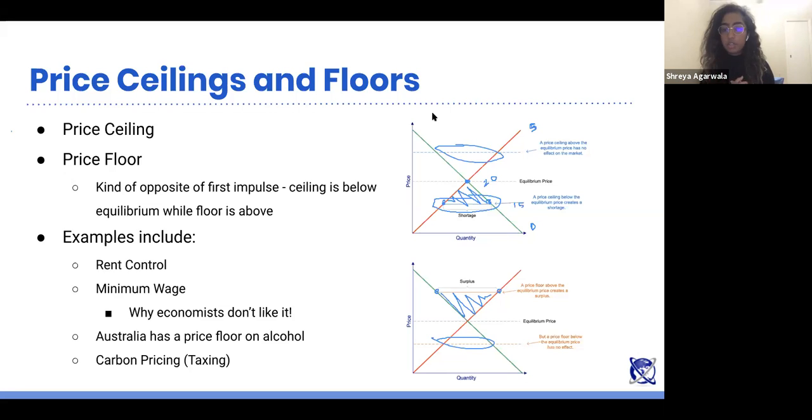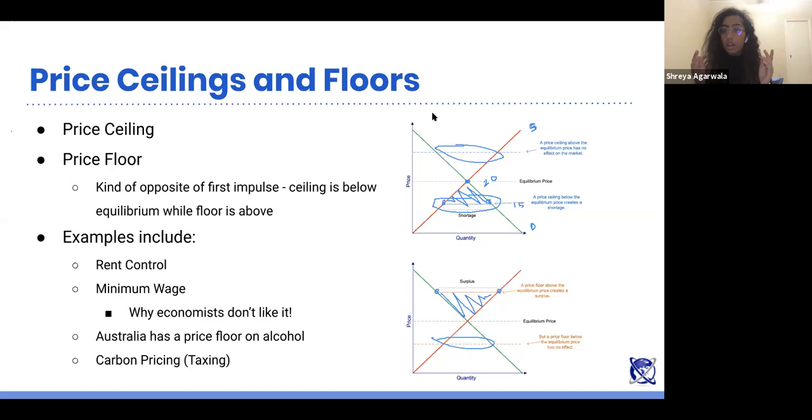Another example would be Australia. And actually, sometimes they do have that intention. I take back what I was saying. Australia put a price floor on alcohol, so they make companies charge higher than the equilibrium price.